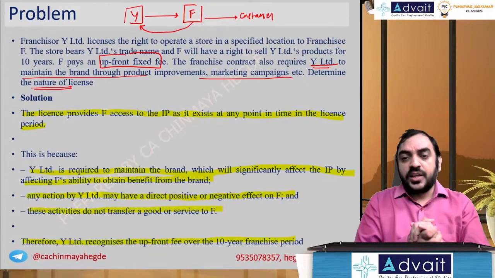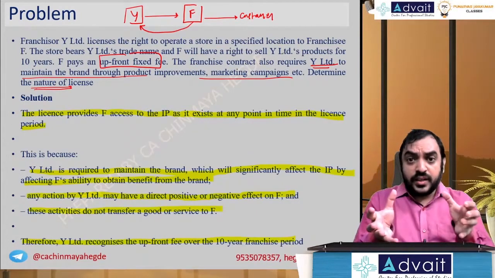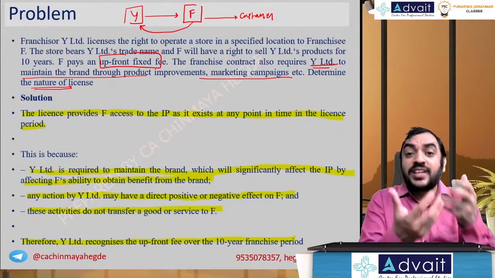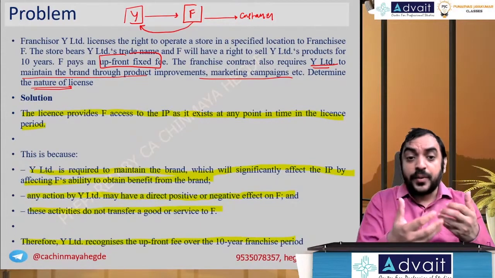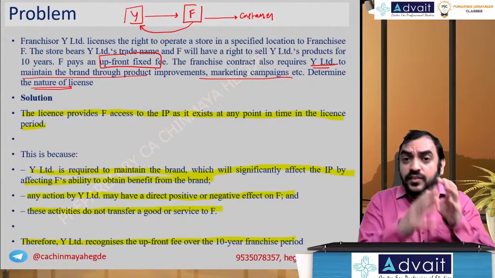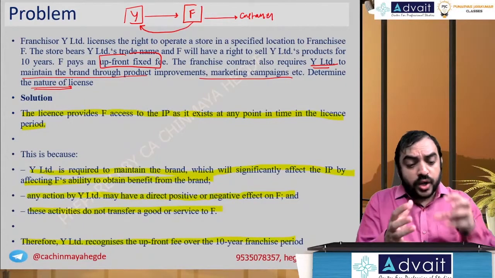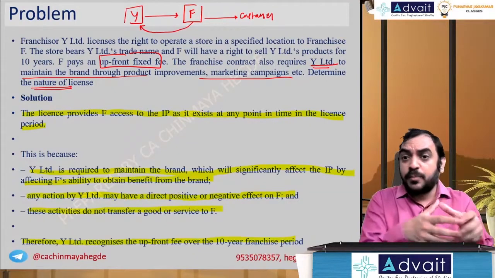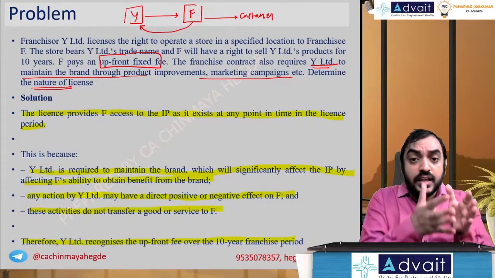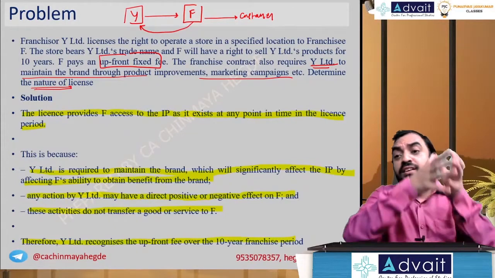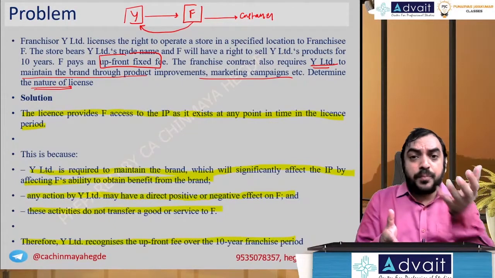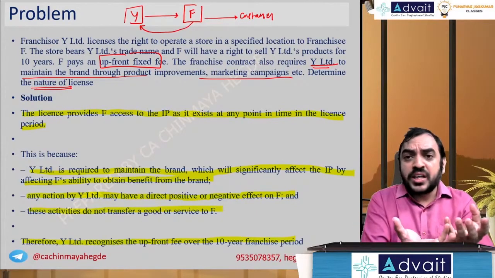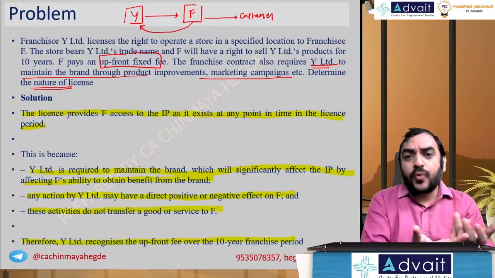And what they're trying to tell you is, the agreement provides the obligation for the Apple company for product development, marketing campaign, product improvements, and so on. So whatever these activities done by these people, that is product development, advertisement campaign, marketing, this is definitely going to have a serious impact, because if the Apple phone is not functioning properly, some negative news comes, they are not doing product development, some new app they are not providing.